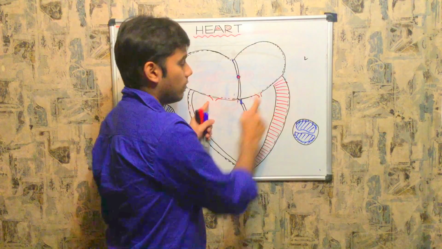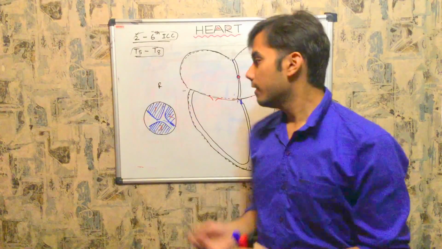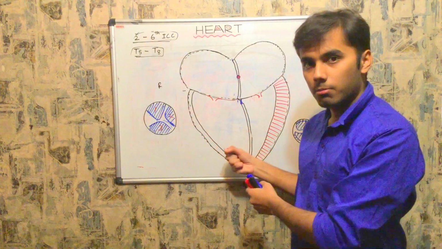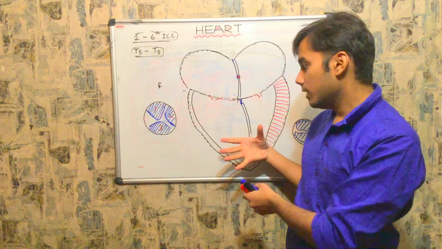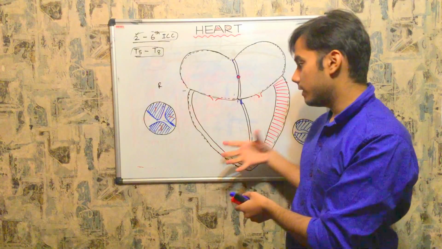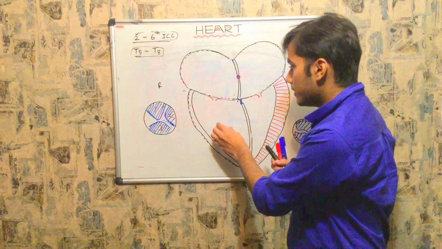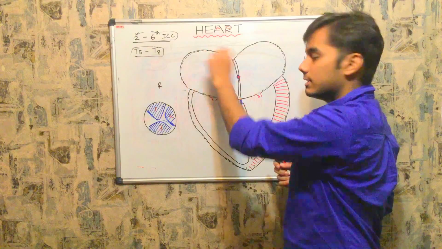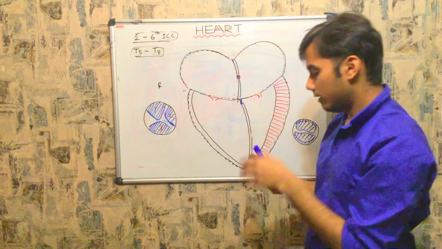what is the use of these walls? Generally, when your ventricle pumps the blood, during ventricular systole, when your ventricle contracts, the blood must enter into the pulmonary aorta on the right side and the systemic aorta on the left side, right?